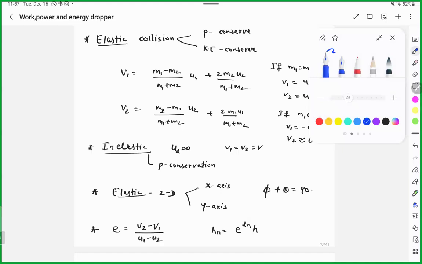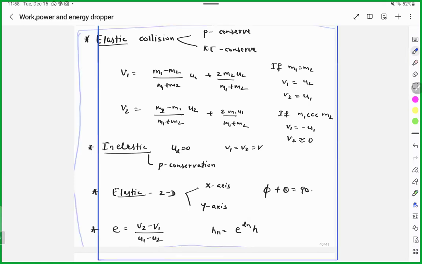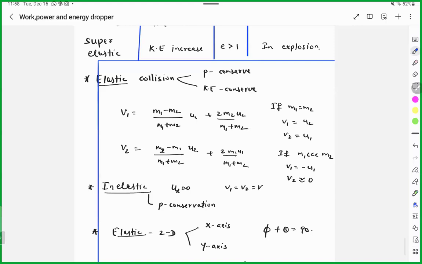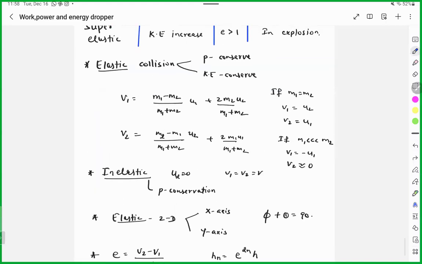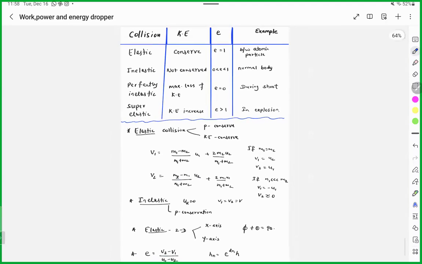can you imagine anything out of this box from the collision chapter? Yes or no, guys? This is a quick summary of the full chapter, including this page.